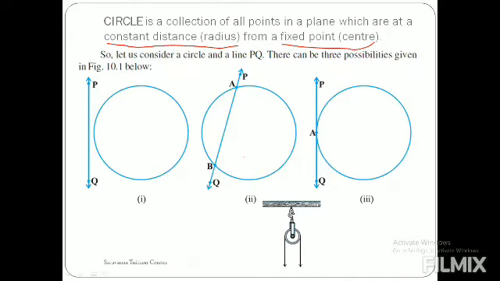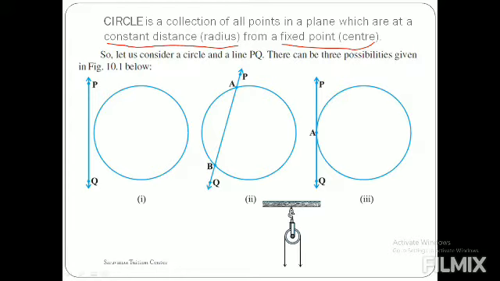In the second picture, you see that the line PQ intersects the circle at points A and B. In this case, the line PQ is known as the secant of the circle.